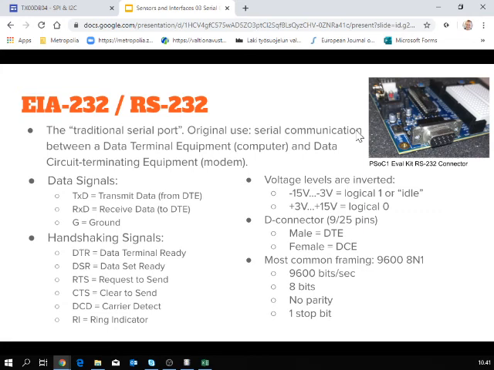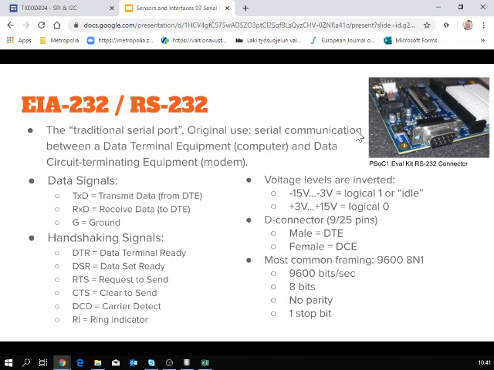In addition to these three, the original RS-232 or EIA-232 also had handshaking signals, which have a couple of funny lines that tell us about the history. This standard was made in the era of modems, which made that funny sound.